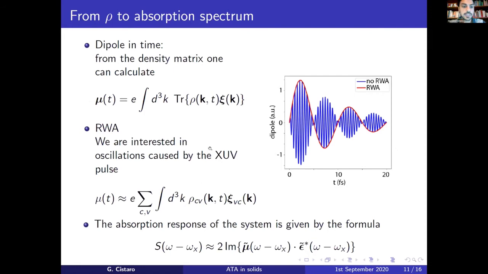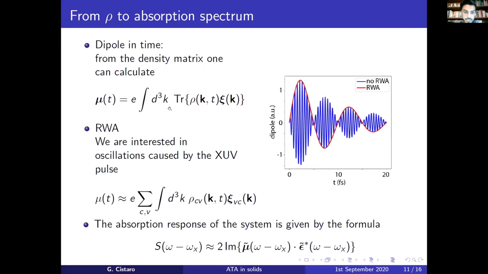So to go to the observable, we need to calculate the dipole in time. So the dipole in time is given by this formula. And what we do is to work in the rotating wave approximation. So we don't follow the dynamics of the XUV, but we smooth everything. So we follow only the envelope given by the IR.